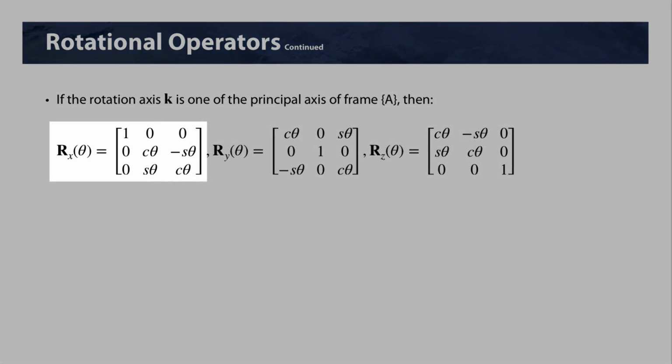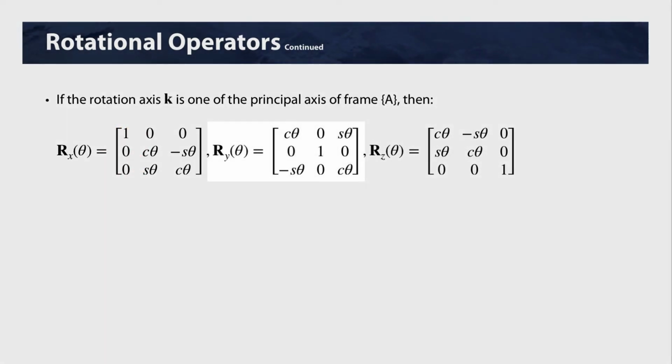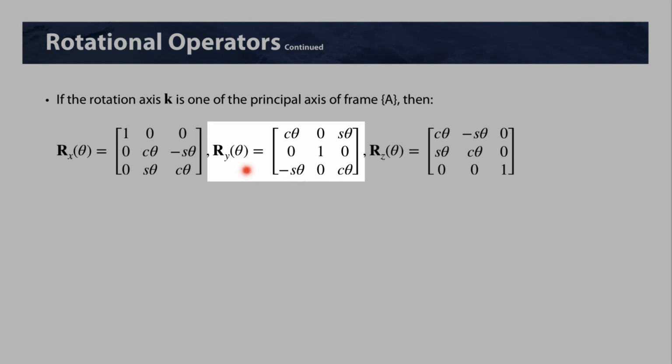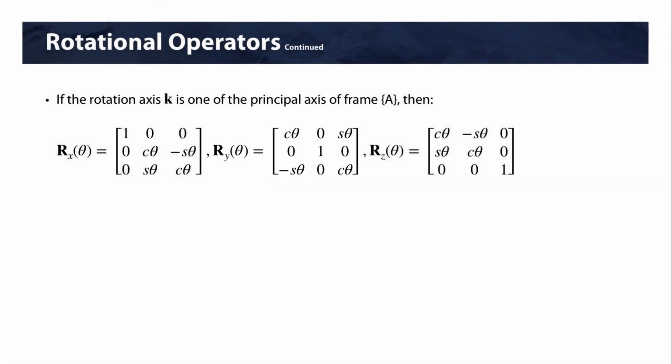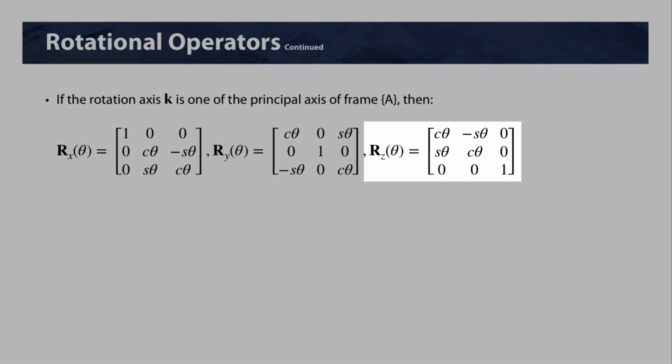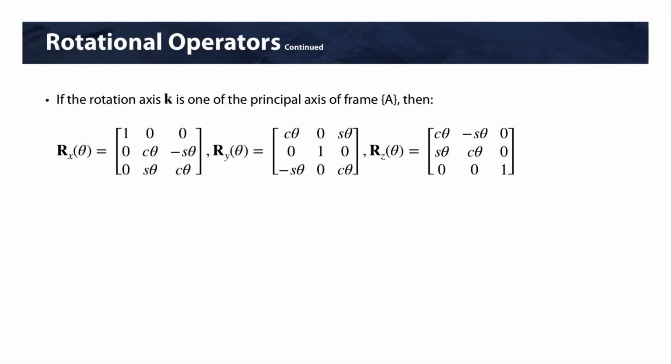Here we have the rotation about the x-axis, and we know it's about the x because we have the unit vector 1, 0, 0 in the first column. This is the formulation for a rotation about the y-axis, so we have 0, 1, 0 in the second column. And a rotation about the z has this form, with 0, 0, 1, a unit vector in the z-axis. So these are rotations about our principal axes, and we can use those as well.